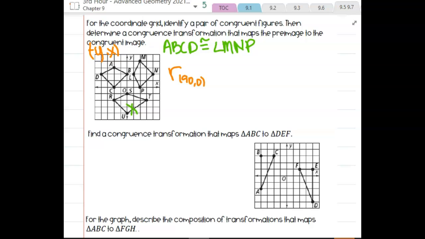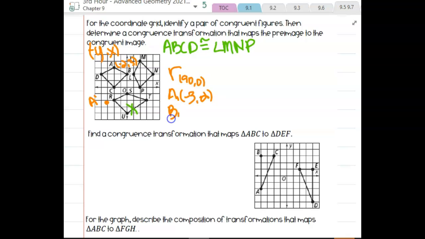So if A is at the point negative 2 comma 3, A prime, you're going to flip the sign of your y, so the 3 becomes negative 3, and then flip the x and the y, so it would be at negative 3, negative 2. That's where my A prime is going to be.